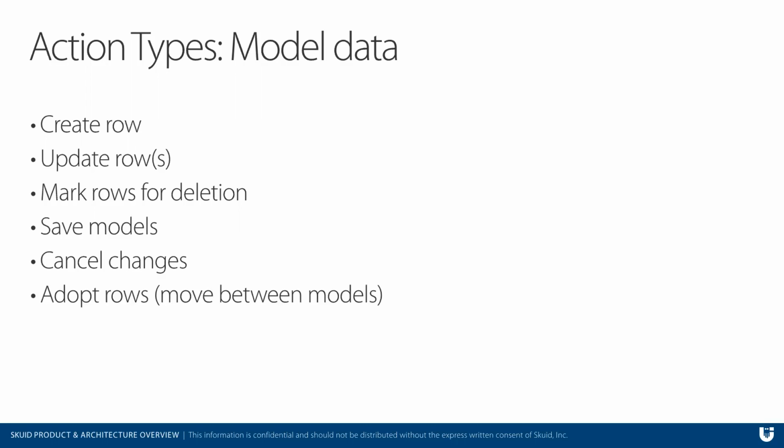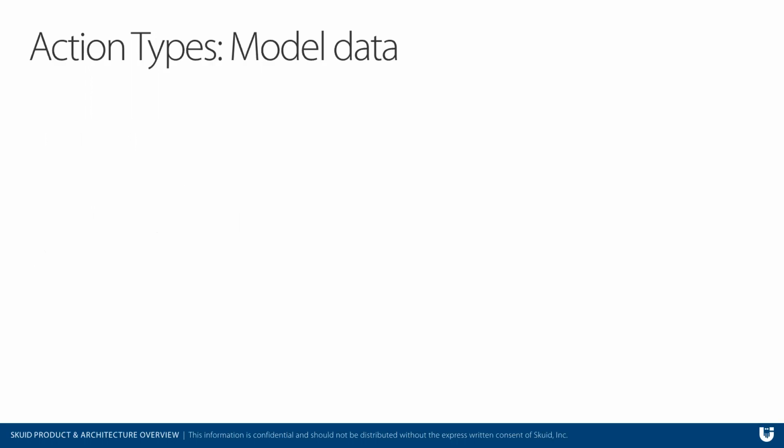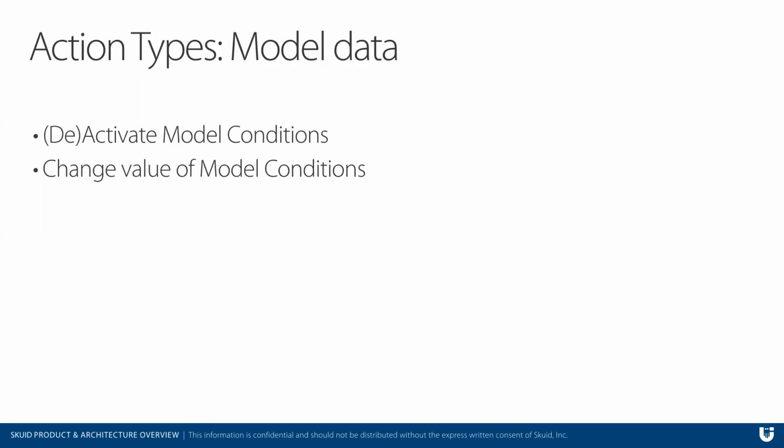Adopting rows is a cool one, where you can move data between models. You take some rows in one model and move them to another. Then there are various actions for querying for model data. So activating conditions, which could be like a where clause if you're connecting to SQL, or lots of different data sources, filtering down what data you want to get from a data source in your model, changing the value of a condition, initiating queries.